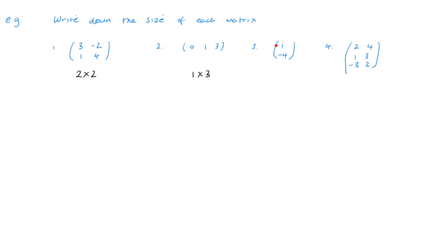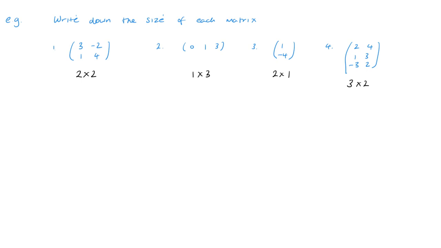Number 3, there's 2 rows and 1 column, so it's 2 by 1. And finally, number 4, there are 1, 2, 3 rows and 2 columns, so it's a 3 by 2.